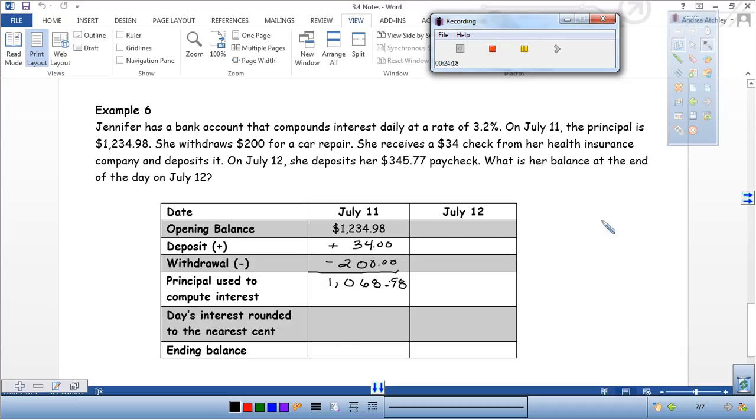Then we're going to find our interest, which equals the principal of $1,068.98 times our rate of 0.032 times the time. It's compounded daily, so it's 1 out of 365.